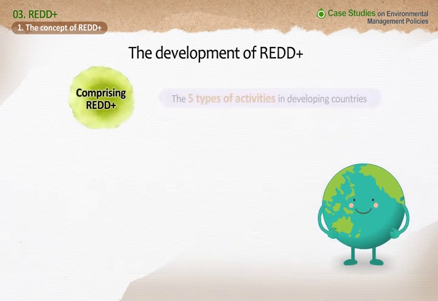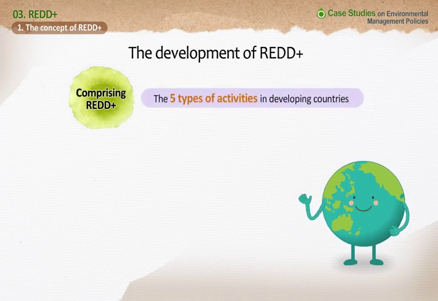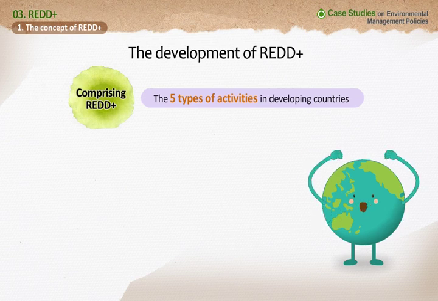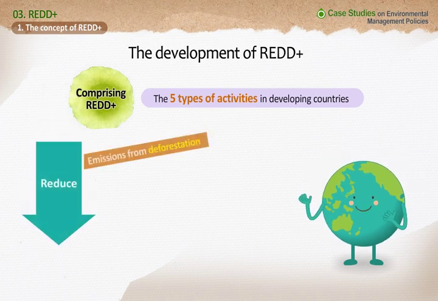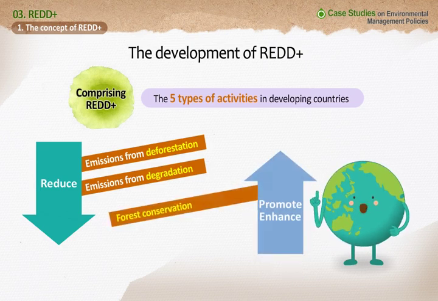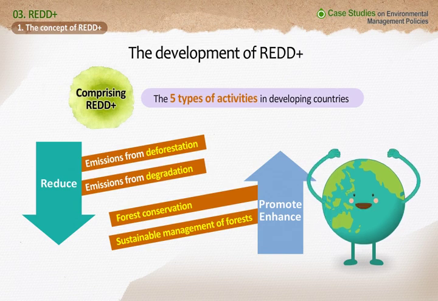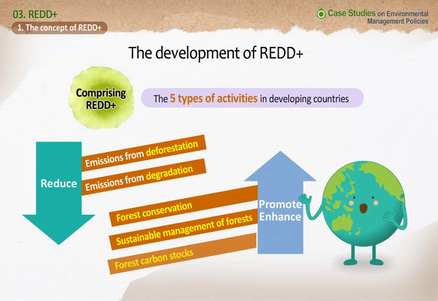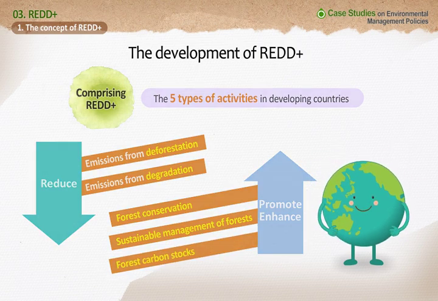The 5 types of activities recognized as comprising REDD+ are thus activities in developing countries that reduce emissions from deforestation, reduce emissions from degradation, promote forest conservation, promote sustainable management of forests, and enhance forest carbon stocks.